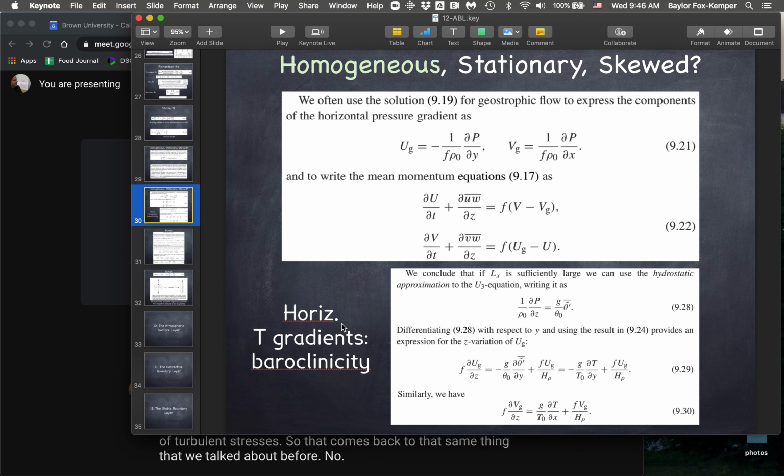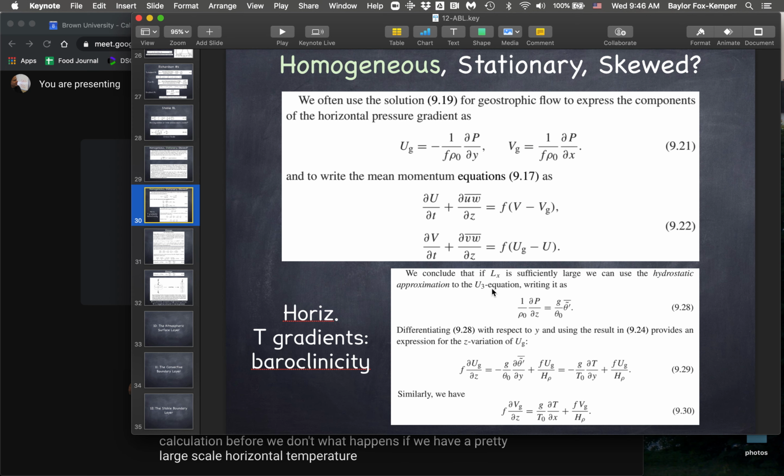So what if there are horizontal temperature gradients, not just horizontal pressure gradients? What if these horizontal pressure gradients are coming from horizontal temperature gradients, not above the boundary layer, but within the boundary layer? What does that mean? Well, we've actually already done this calculation before. We know what happens if we have pretty large scale horizontal temperature gradients.